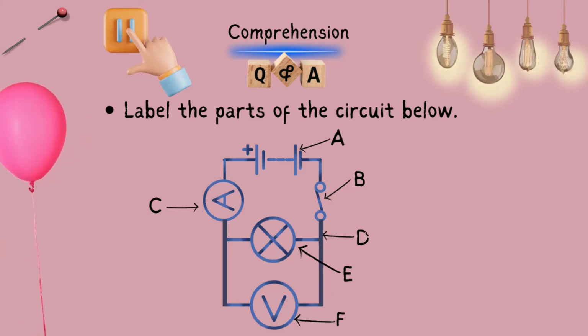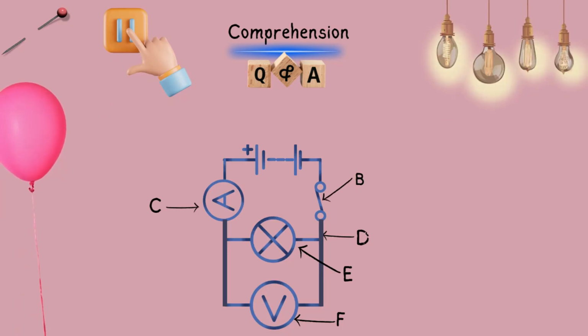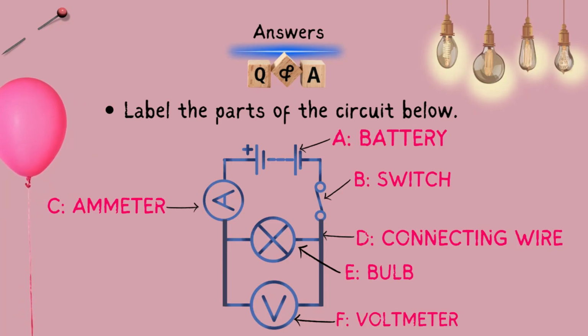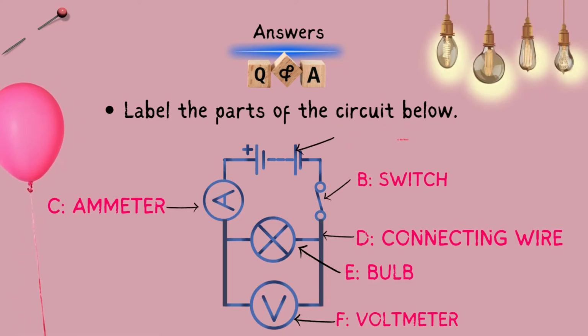Label the parts of the circuit below. Answers. A is the battery, B the switch, C the ammeter, D the conducting wire, E the bulb, and F the voltmeter.